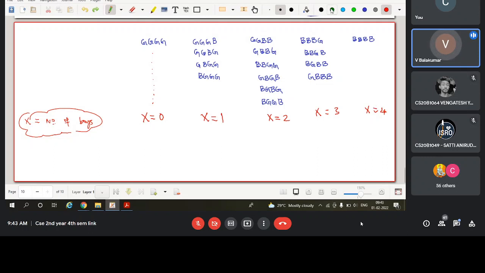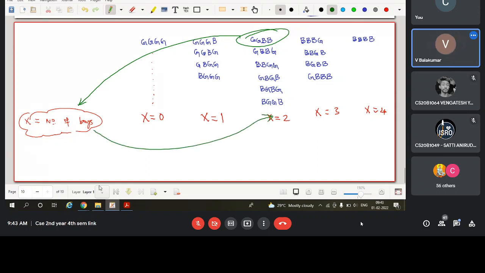What is the number for this sample space element? Immediately you will go to this definition. The number is based on the number of boys, so immediately you will write X equal to 2. Suppose you choose this sample space element, you will go to that definition, and then you will find out this number.